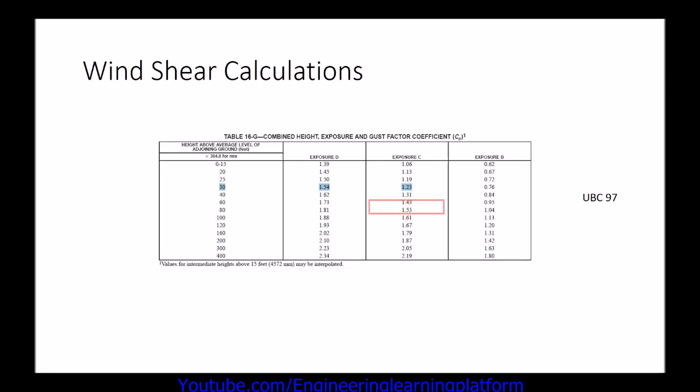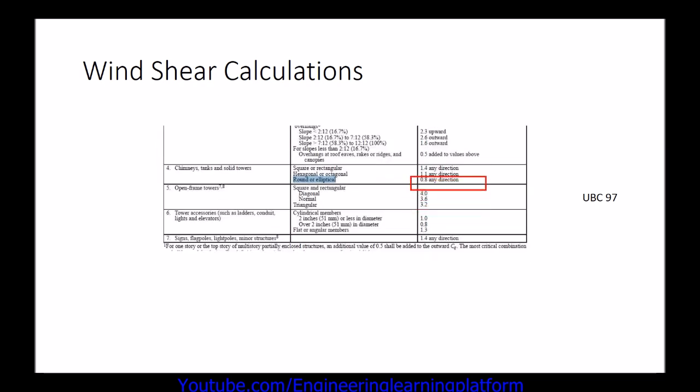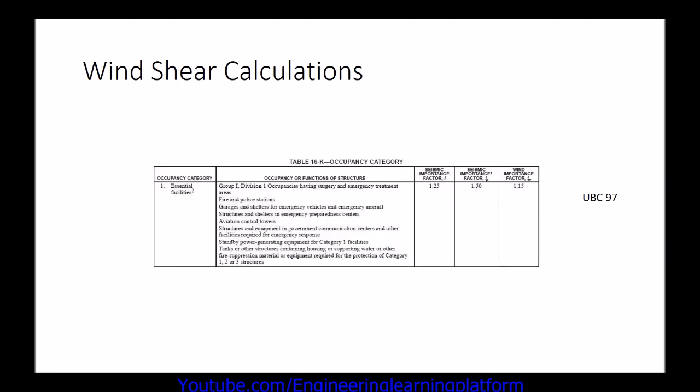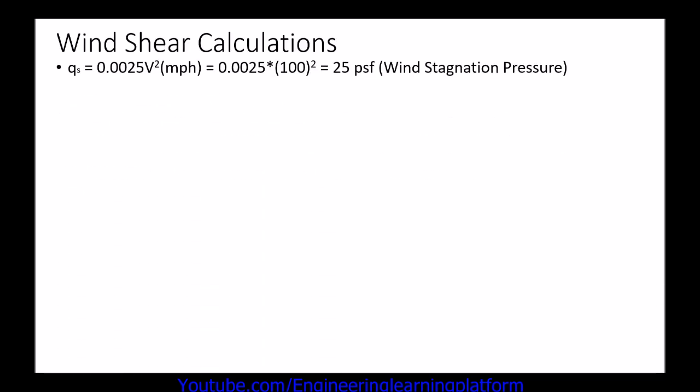Now going to wind shear calculations using UBC 97 table. Importance factor is given, and then the wind stagnation pressure using UBC 97 equations.